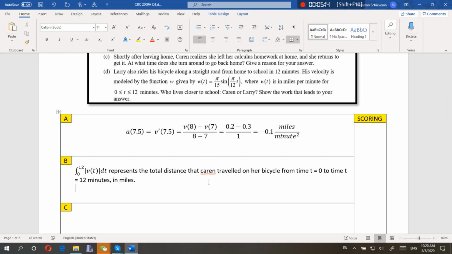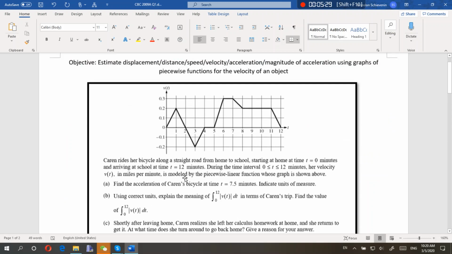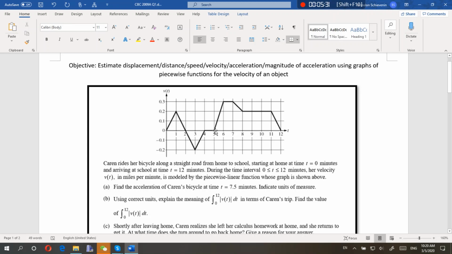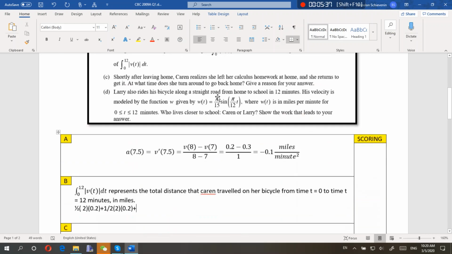And then 1 times 0.3 divided by 2 is 0.15. Okay, so we have the two triangles, and then what? 0.3 times 1 divided by 2.